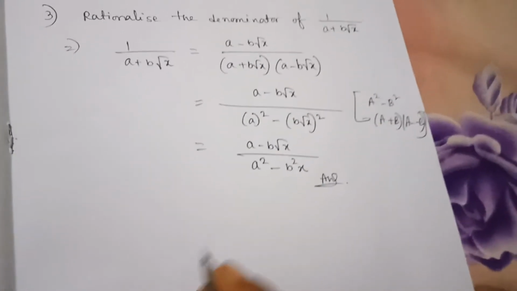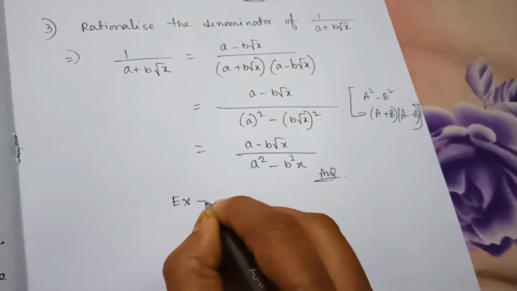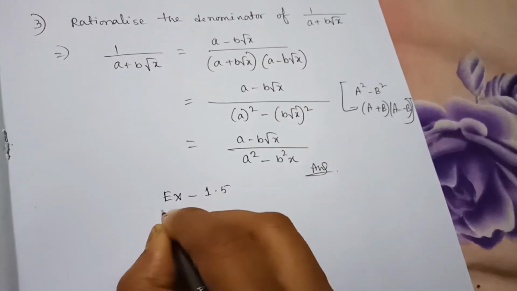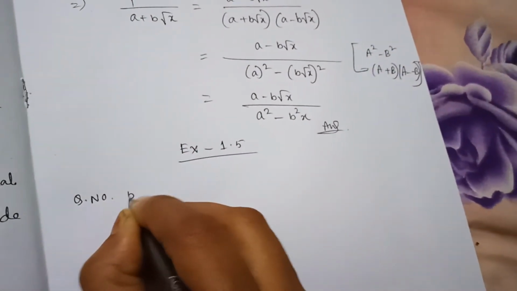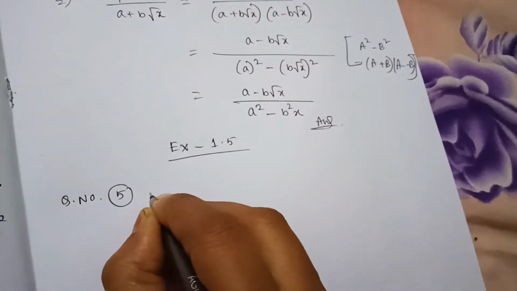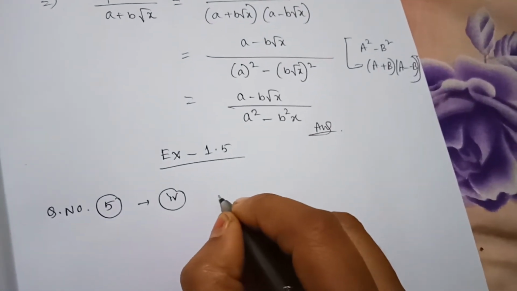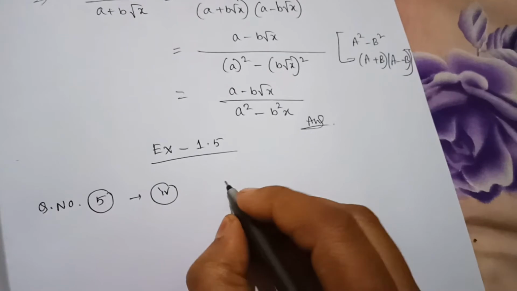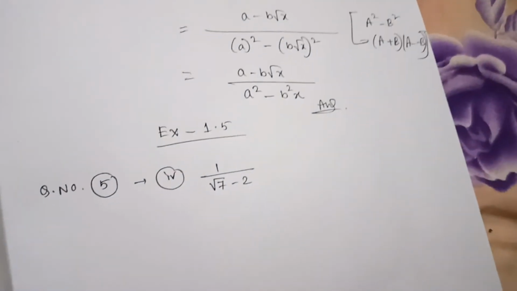So with this type, there is a question in your exercise 1.5, question number 5, number 4. The question is: rationalize the denominator of 1 by root 7 minus 2.